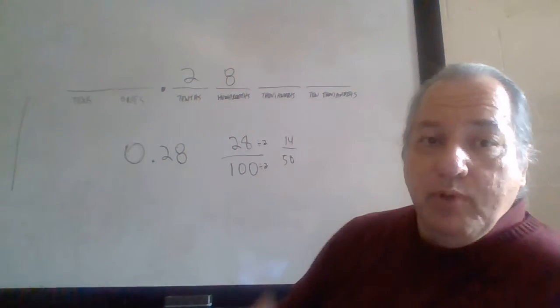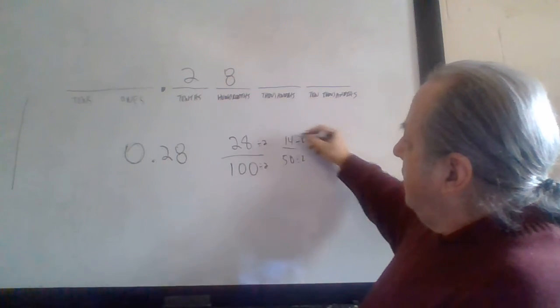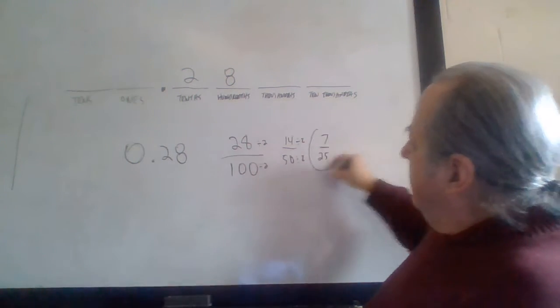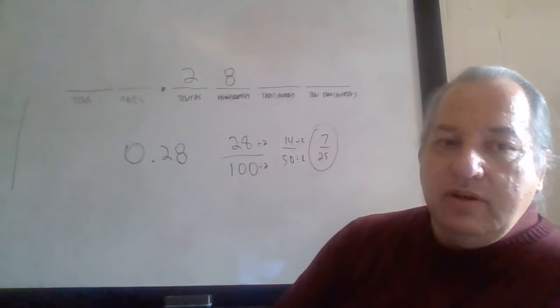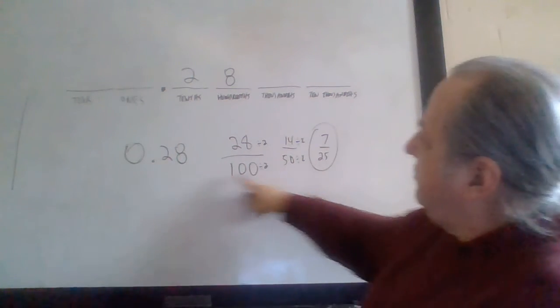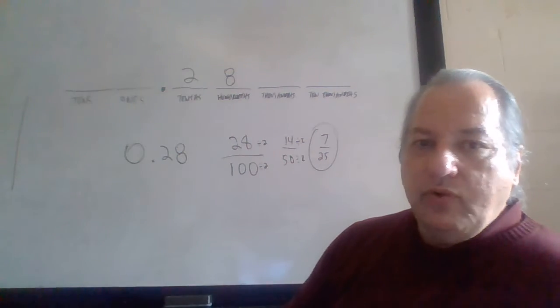But here again, they're both even numbers, so I can divide by 2 another time. And 14 divided by 2 is 7, and 50 divided by 2 is 25. There is no number that divides evenly into both 7 and 25. So 0.28 is a fraction in its simplest form as 7 over 25.